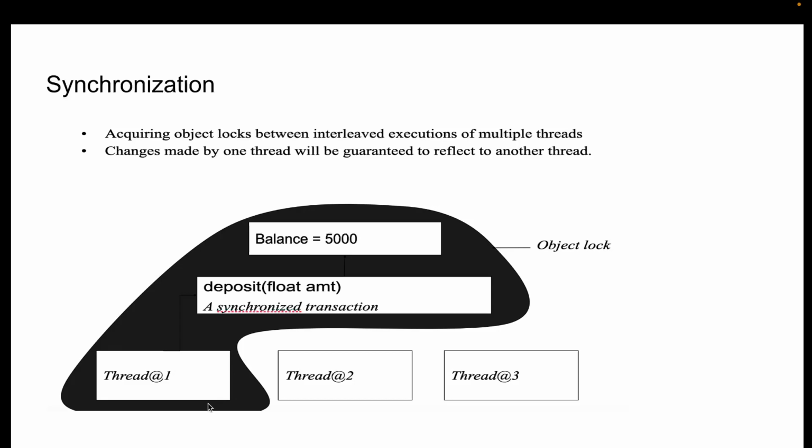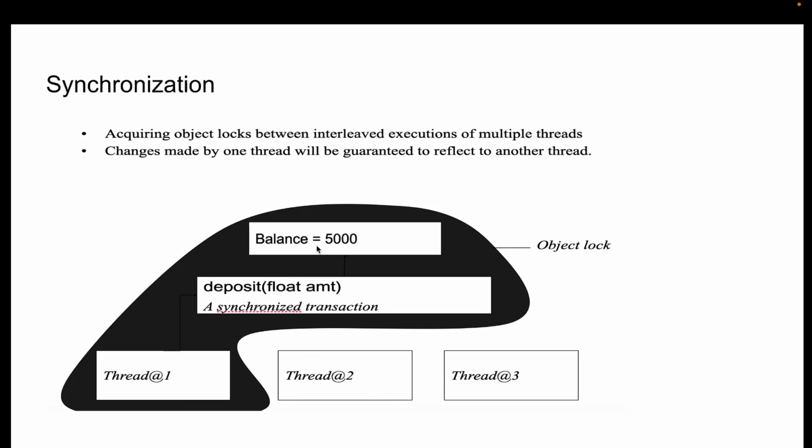Even if they are still trying to deposit, thread 1's job will be completed first. Suppose thread 2 and thread 3 are also depositing; only after thread 1 has completed the job of depositing, and the amount is deposited to the bank account, will thread 2's work start.